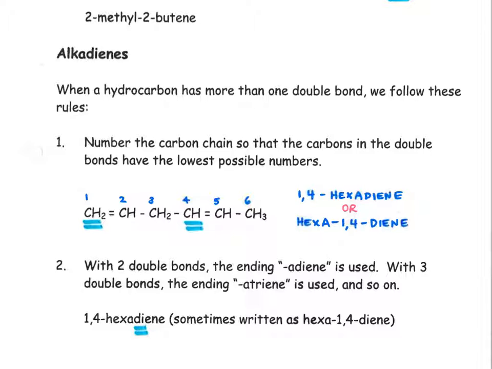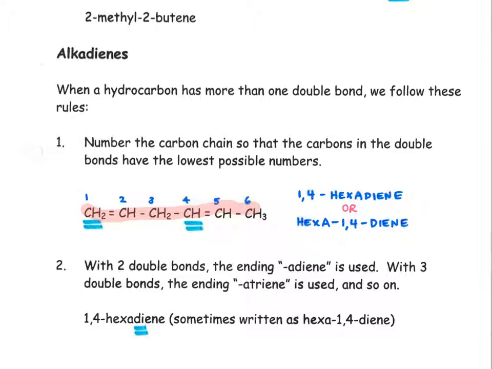So in the next example, you can see that your longest continuous chain has 6 carbons in it. So we go this way, and then we are going to number in this situation from the left. Now, a question that you might have at this point is, how do we know in which direction to number the chain? Sometimes you're seeing it numbered from the left and sometimes from the right.